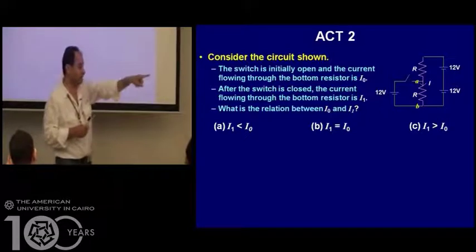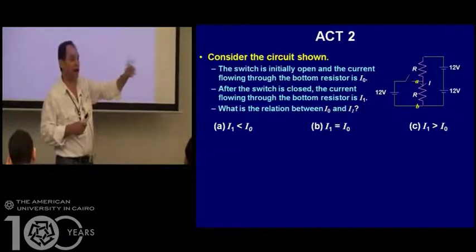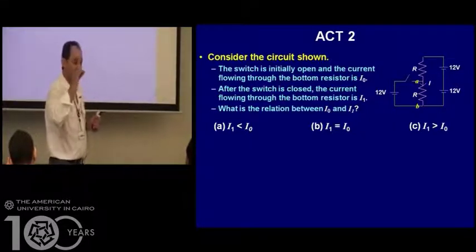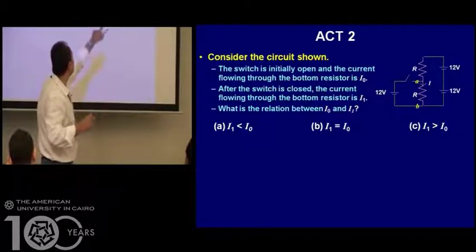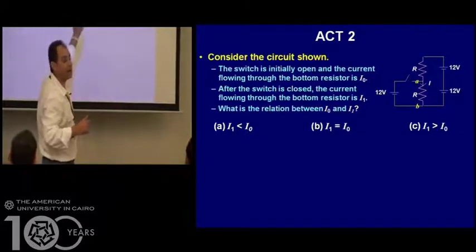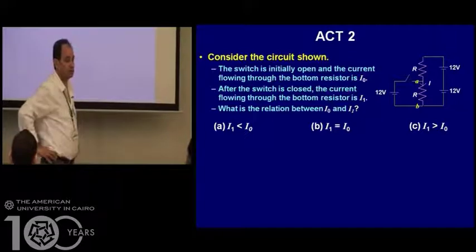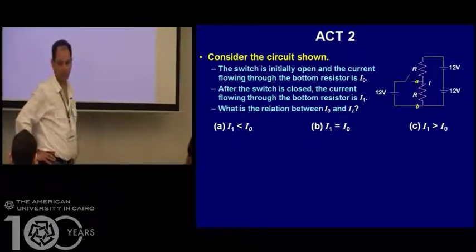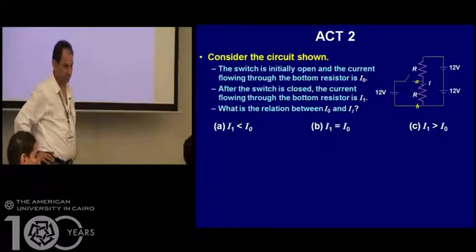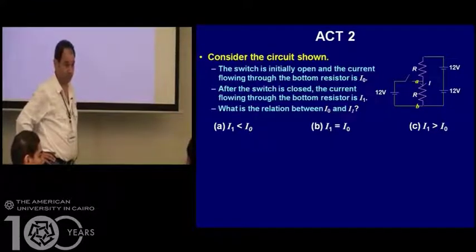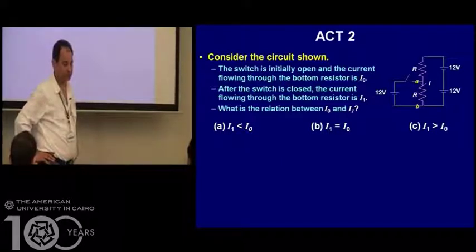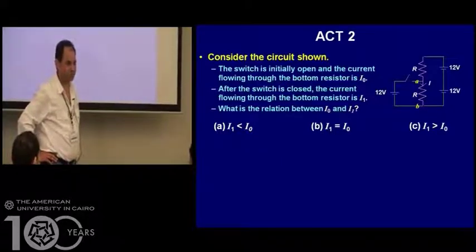I1 is the net current that results from the three batteries. I think I1 is equal to I0.